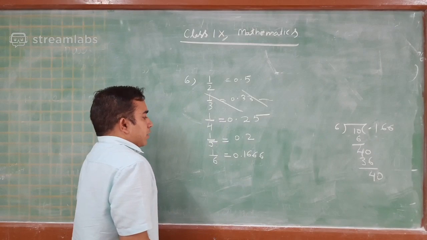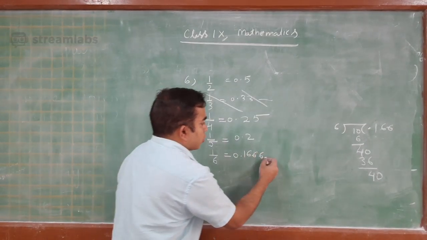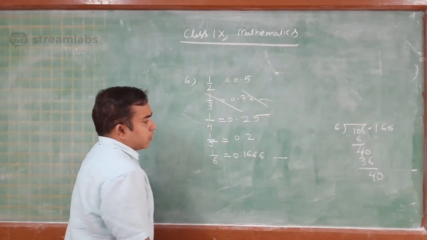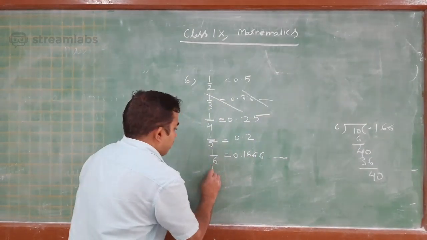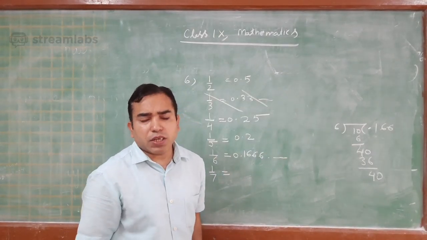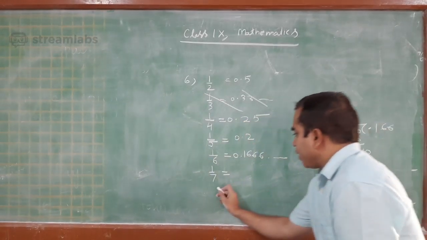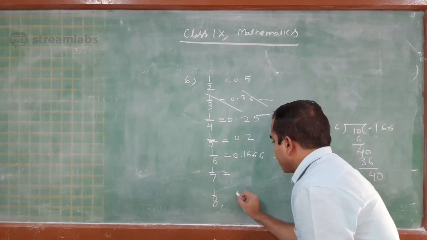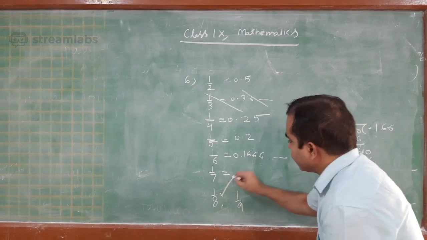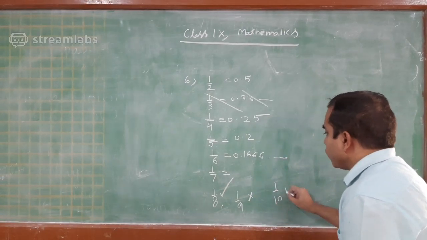Now this is also not a terminating decimal expansion. Even 1 upon 7, as we have seen in an earlier question, will not terminate. 1 upon 8 will terminate, 1 upon 9 will not terminate, and 1 upon 10 will terminate.